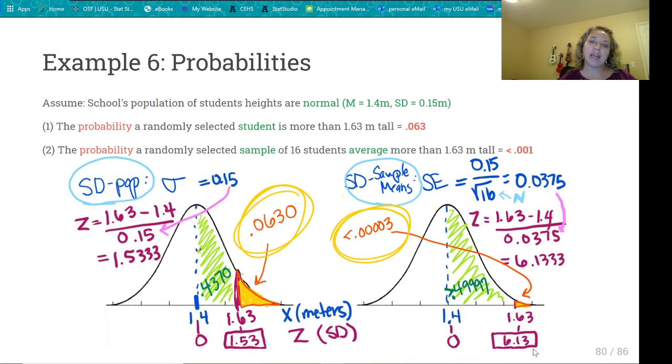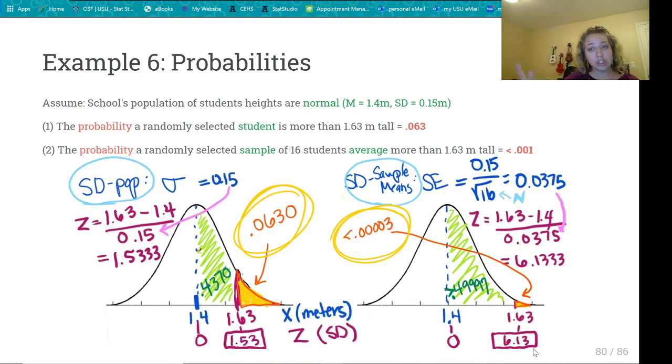Now, when we write APA style, we're always going to report almost all numbers to 2 decimal places, except for p-values, which go to 3 digits. So in the case of number 1, since our tail area, our beyond z, was 0.0630, we're only going to use those first 3 numbers after the decimal.